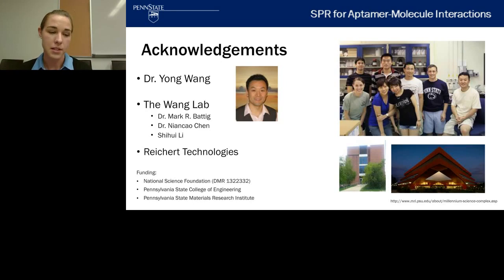This allows aptamers to be selected only for those molecules that you want to bind, and this can be tested later using SPR with control molecules as well. But a lot of the specificity is determined using the SELEX process. From there, a range of aptamers can be determined and tested for further binding specificity.